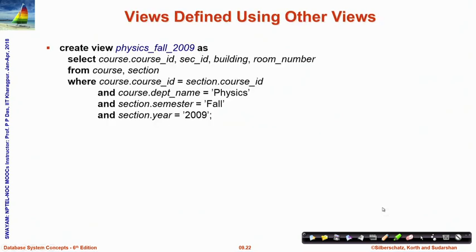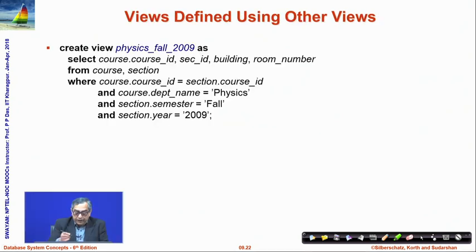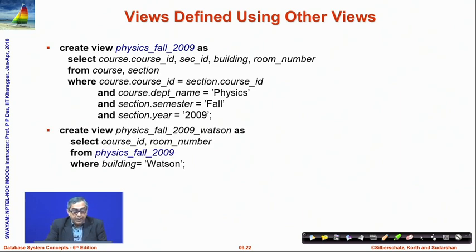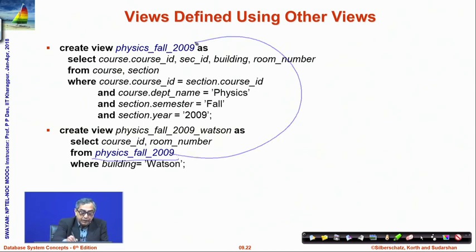You can actually use views to create other views. For example, this is one view, the view of Physics Fall 2009, which is all courses offered by the physics department in the fall semester of 2009, and using that we can create another view. Here again, in the from clause, we are using this view. Using this view, we are creating yet another view which shows the courses that run in the Watson building.